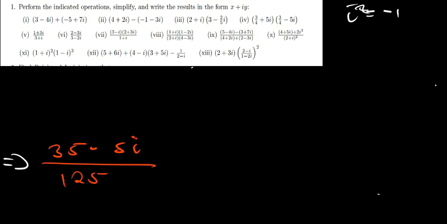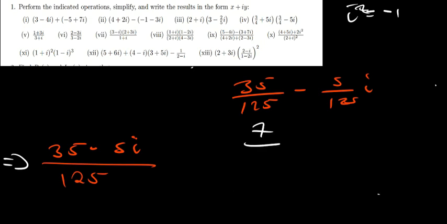I'll say it is 35 over 125 minus 5 over 125i. 5 can go into 35. Okay, so 35 divided by 5 is 7. Then 125 divided by 5, that is 25.